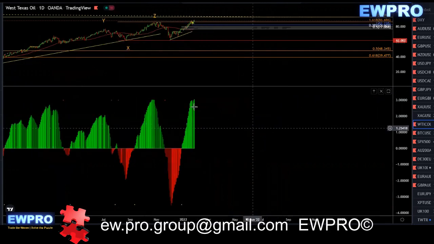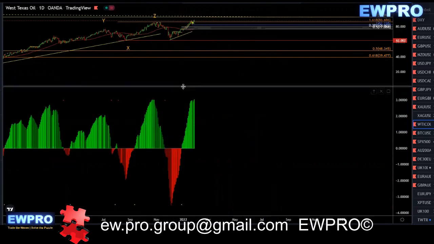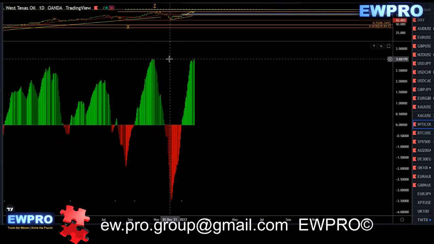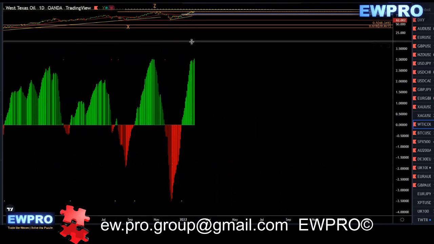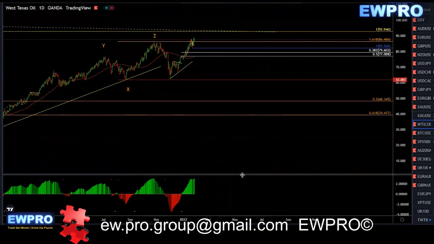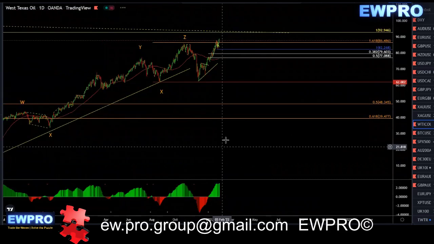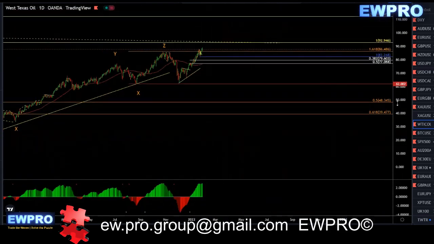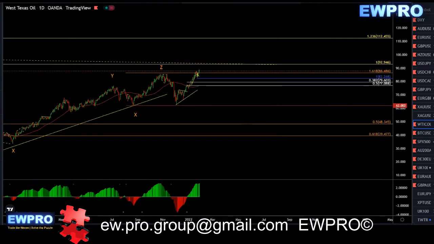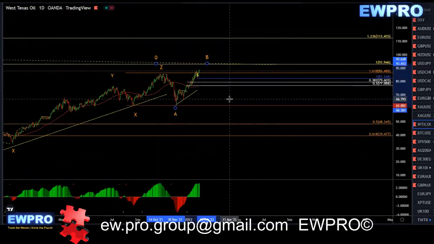It's on the edge. I think we've actually lost that bearish divergence. So again, we'll be looking at this as some sort of a correction, A, B, C as a running or expanding flat.